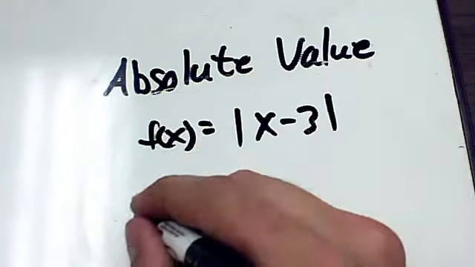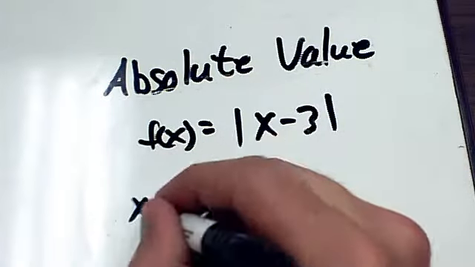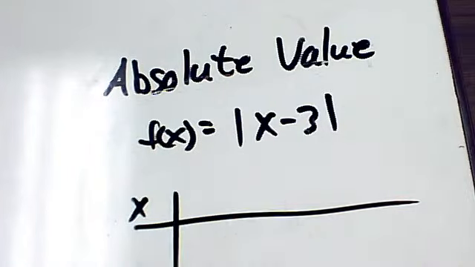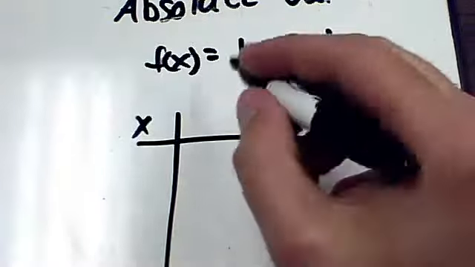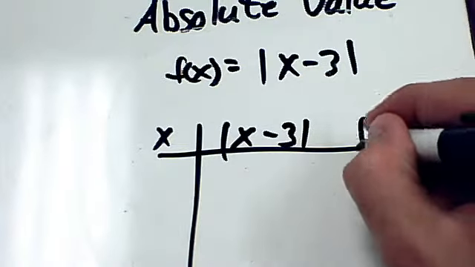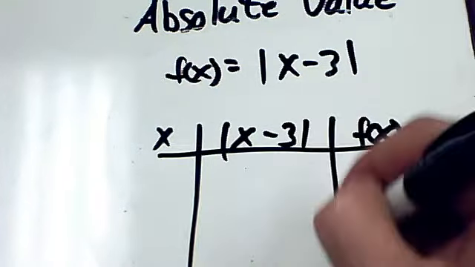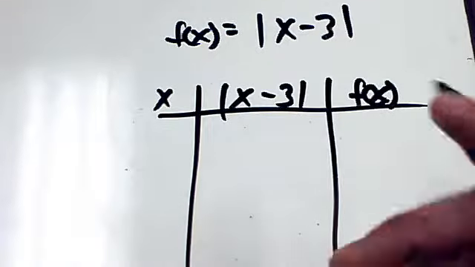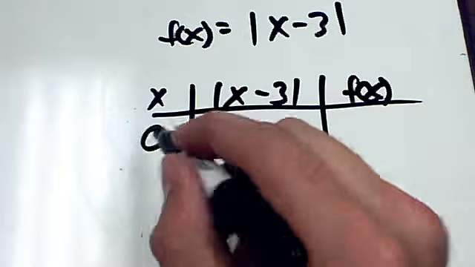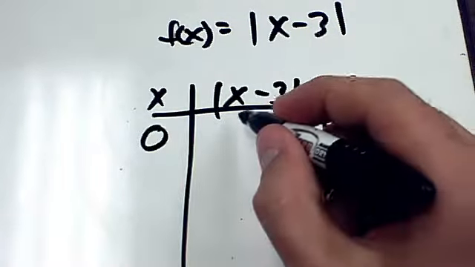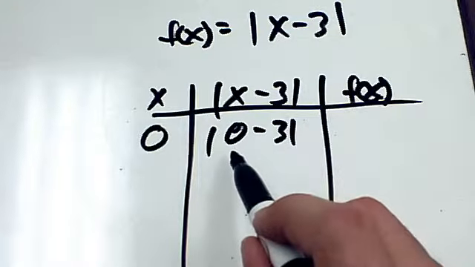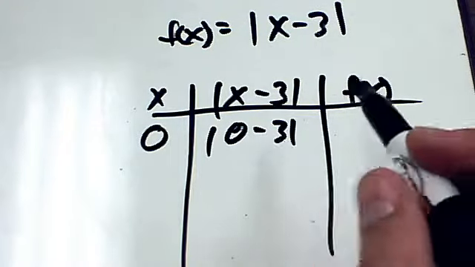So let's say we have x, our process, which is the absolute value of x minus 3, and then f of x, our output, or what we're trying to solve for. So let's say we have x is equal to 0. I'm just making these values up. Then I would want to plug it in, and you'd get the absolute value of 0 minus 3.